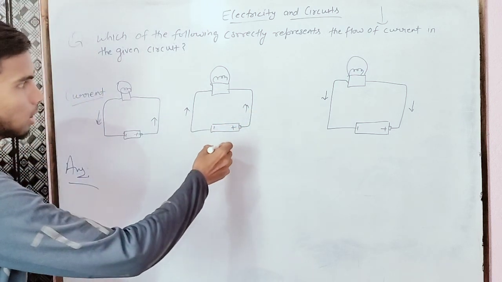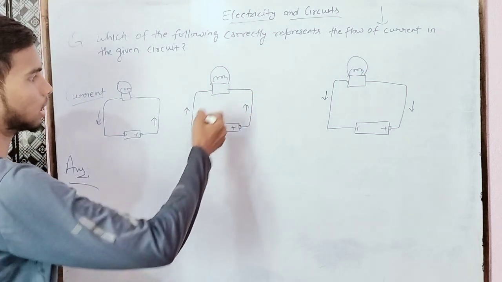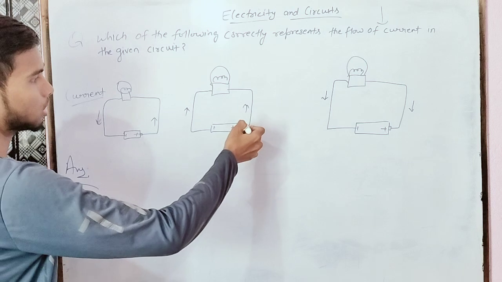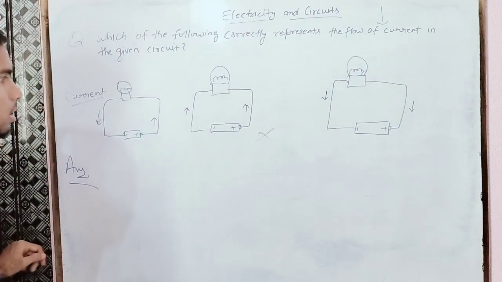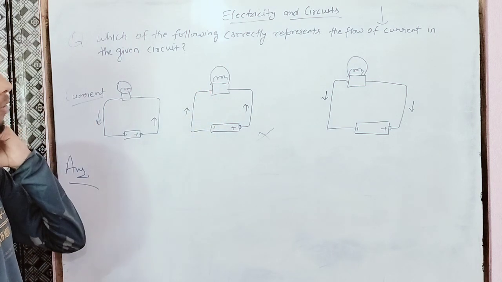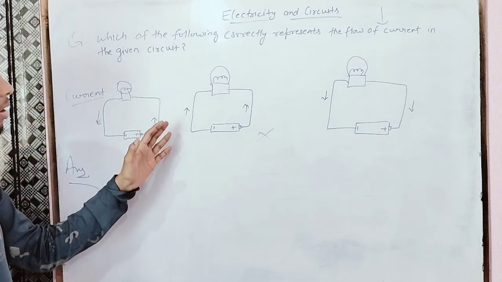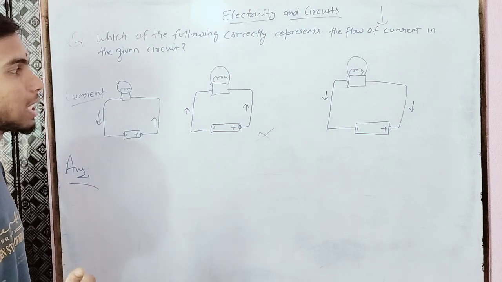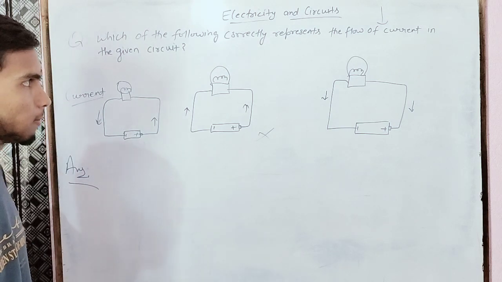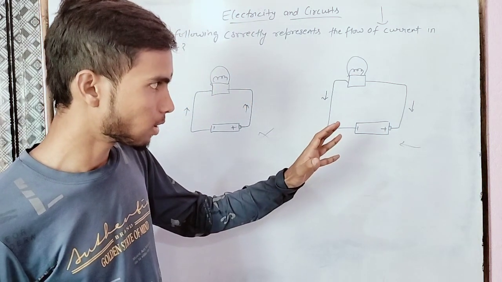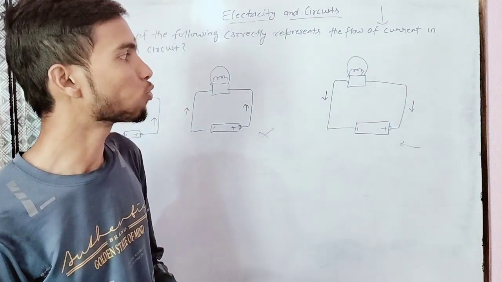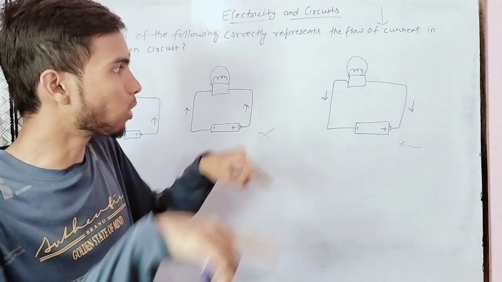Now in that figure, this is going like that. So in that case, the bulb will not glow, and the flow of current is incorrect. Now in this figure, current is flowing in only one direction.